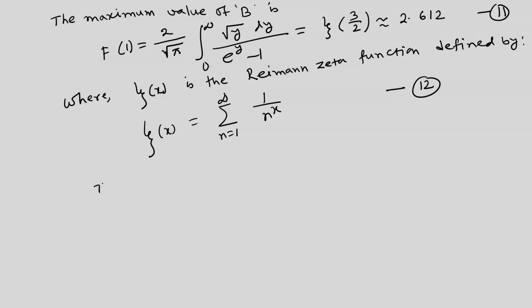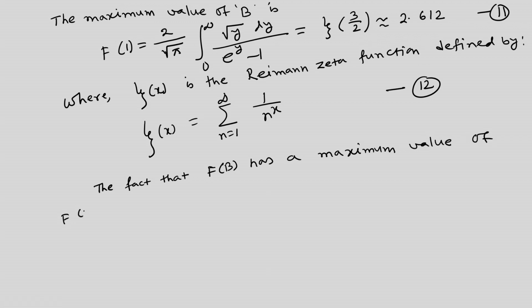Next, what we do is we obtain the fact that if Fb has a maximum value of 2.612, that is somewhat disturbing.